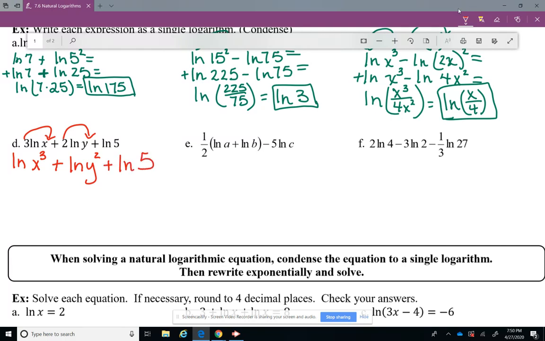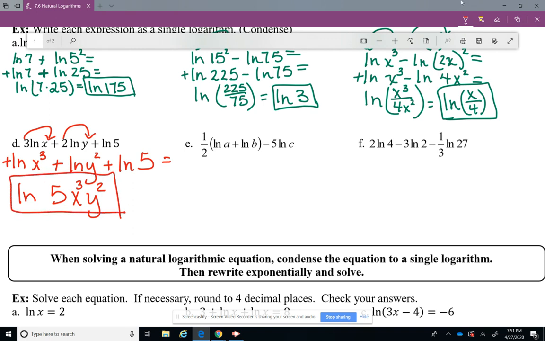Now remember, all those plus signs means you're going to multiply everything. Now, if you're going to multiply x to the third times y to the second and 5, you know that 5 is going to have to go out in front, right? Because it's going to be the coefficient. So that equals the natural log of 5, and then put the x cubed and the y squared in alphabetical order. So that's the natural log of 5x cubed y squared.